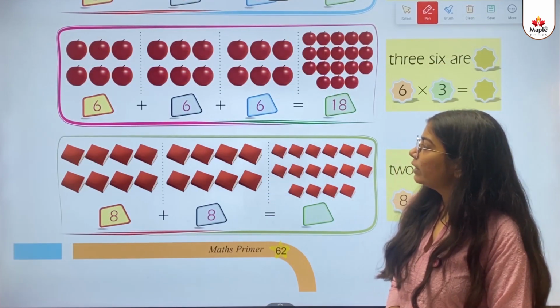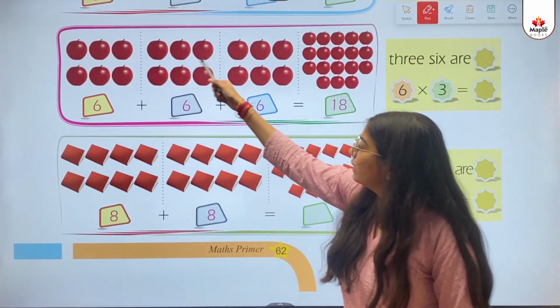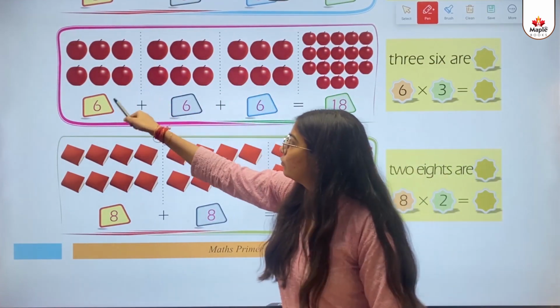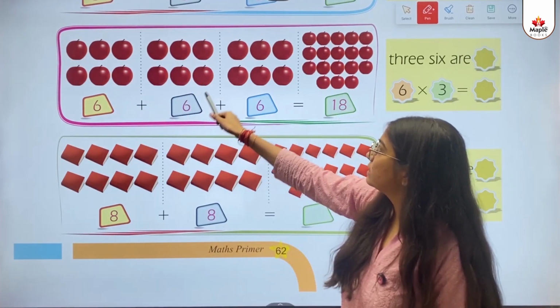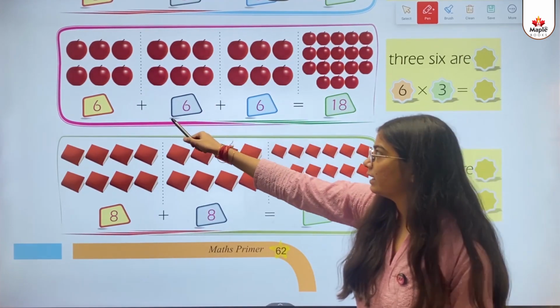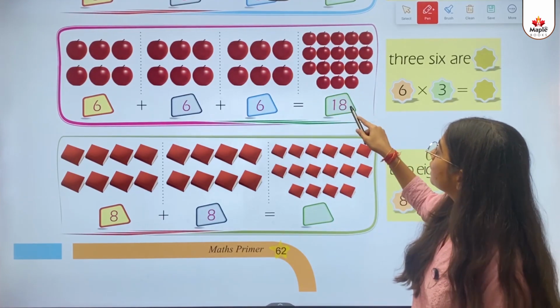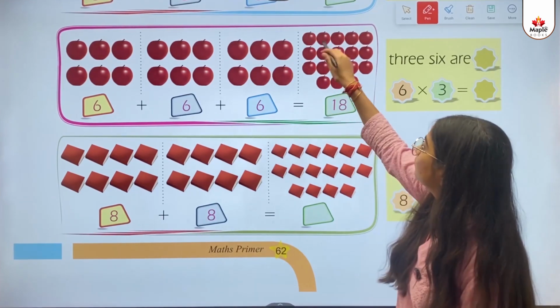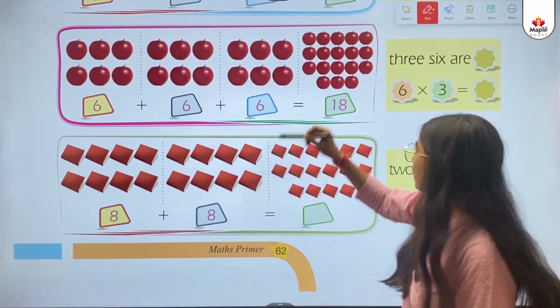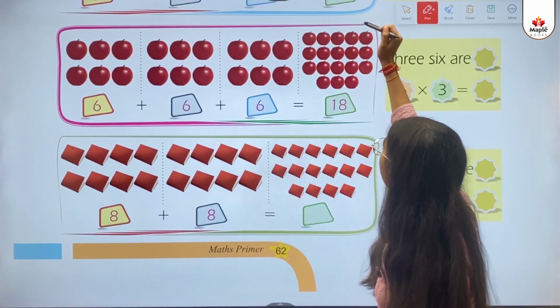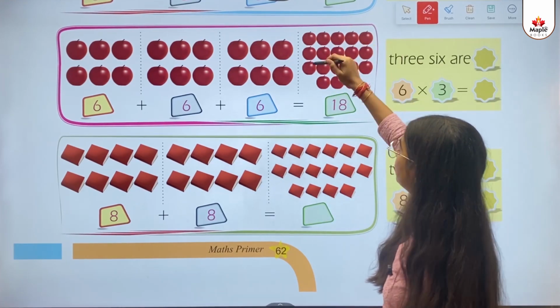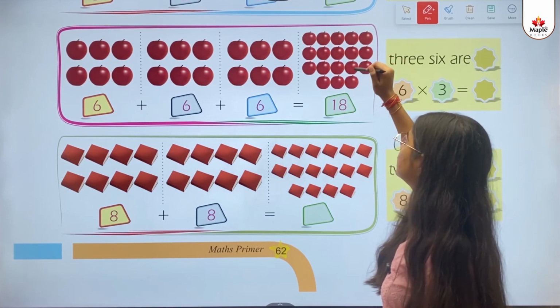Now, the next question is, apples are given here. As you can see, in the first one 6, in the second one 6 and in the third one 6. And they are saying we have to add it. We are also given the total. Still we will count. 1, 2, 3, 4, 5, 6, 7, 8, 9, 10, 11, 12, 13, 14, 15, 16, 17, 18.